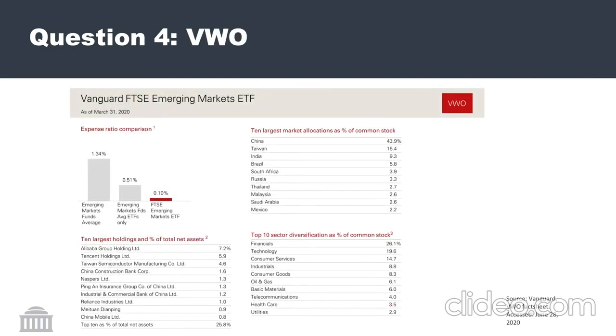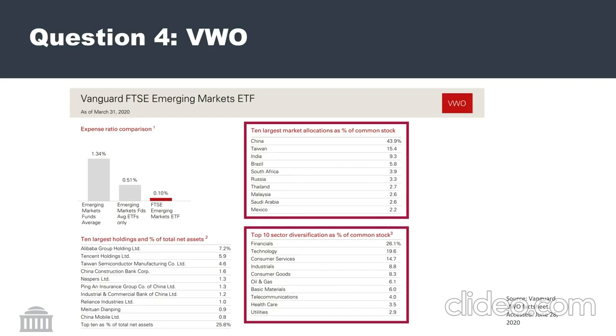Finally, the last ETF is the Emerging Markets ETF. Here, some of the interesting statistics come from the composition of countries in this ETF. You could see that China has almost 50% of the entire holdings of this ETF, followed by Taiwan, India, Brazil, South Africa, Russia, and so forth.